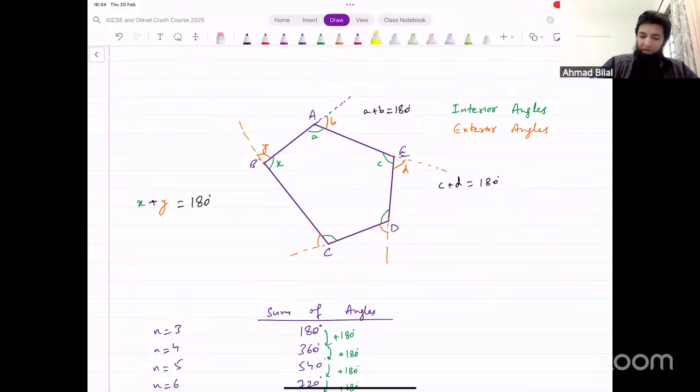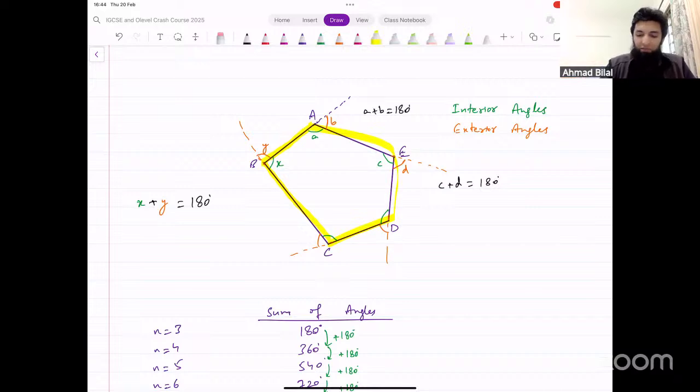Basically, what happens is, if you start a quadrilateral at a certain point, for example, if you start from A and you go like this, you go to this side, and then this side, this side, this side. So basically, wherever you're starting from, at the end, you eventually come back to the same point. You can think of it as completing one full circle, right?